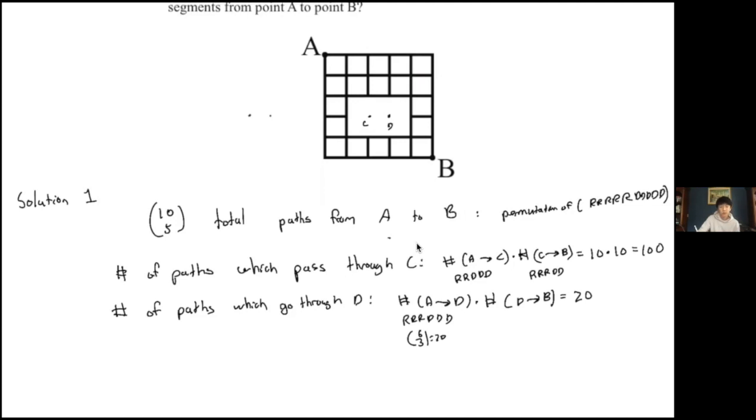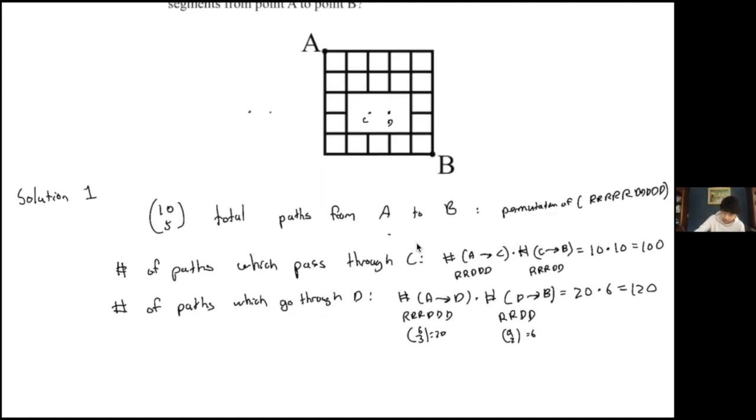The paths from D to B are permutations of right, right, down, down, which is 4 choose 2, equals 6. So 20 times 6, we have 120 paths from A to B which pass through D.